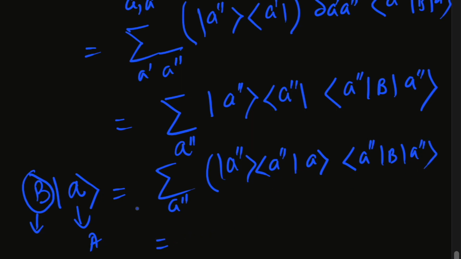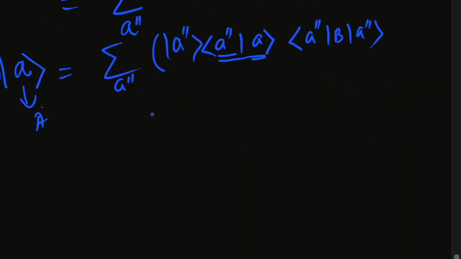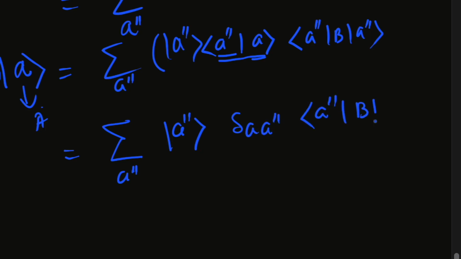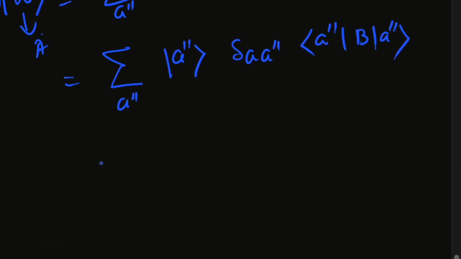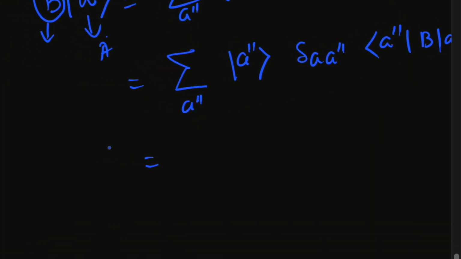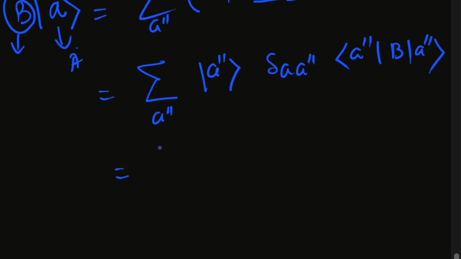Since the eigenstates are orthonormal, that means it will be the Kronecker delta. That means this will be A double prime delta times <A double prime|B|A double prime>. That means it will be <A|B|A>.